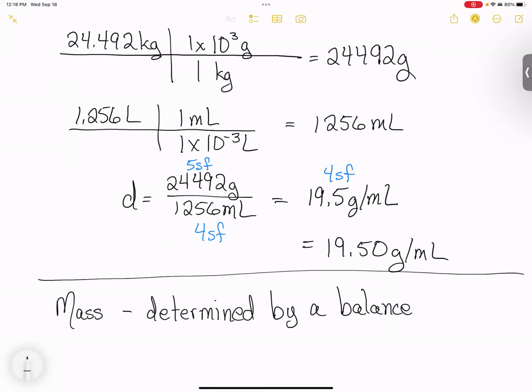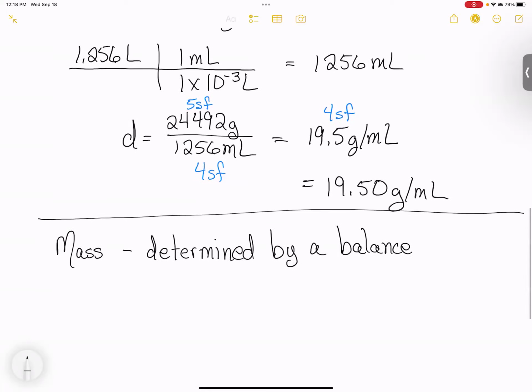So in other words, we have something very similar to a scale that we drop the object on and we get the mass. The trickier part is determining volume.